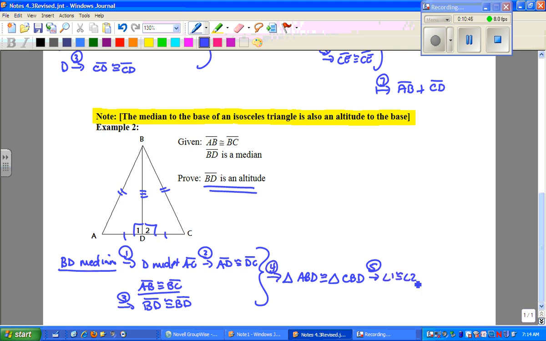There's your CPCTC step. We know they're supplementary, so that means using our new rule, BD is going to be perpendicular to AC, which then if we finish up here, BD is an altitude.